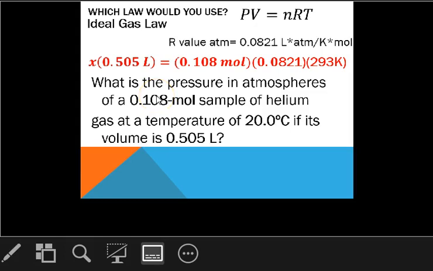This number is going to come out in atmospheres because the question said, what is the pressure in atmospheres? That's what made you have to go get the R value for atmospheres. You can't just pick any R value you want. It is ideally the one that goes with your pressure.